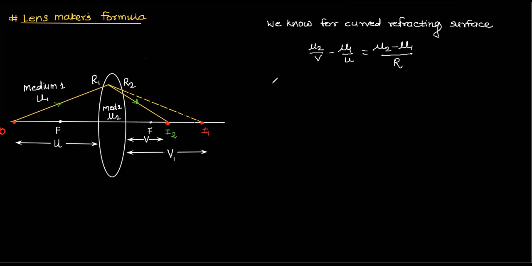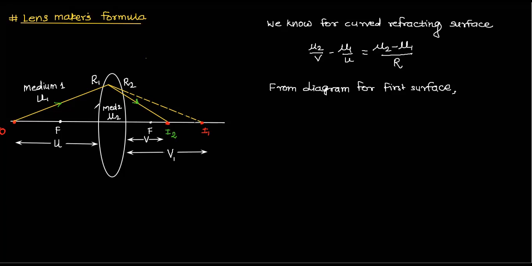Now, from diagram, for first surface, means this surface, you have u is u, and v is v1, because this is I1 image formed because of this first surface. We are not taking the complete lens in the first case.